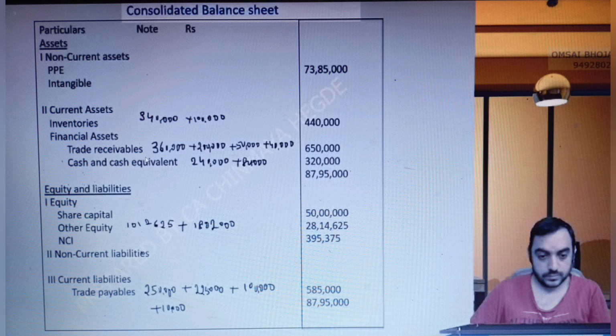Okay, coming to the remaining liability side. Sundry creditors, bills payable, we will add everything: 2,50,000, 2,25,000 plus 1,10,000.